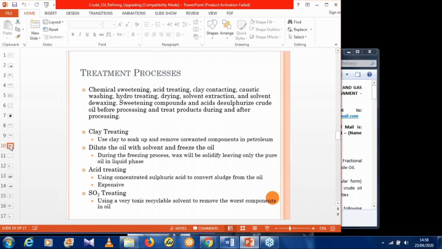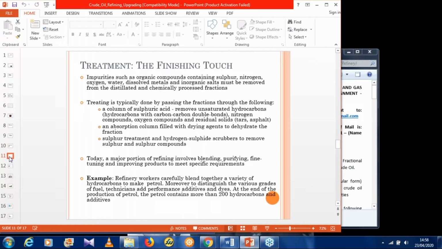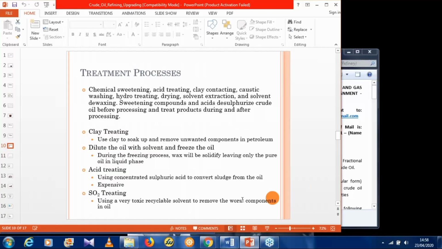But that is usually very expensive and a risky, highly hazardous process because of the poisonous nature of the sulfur content.